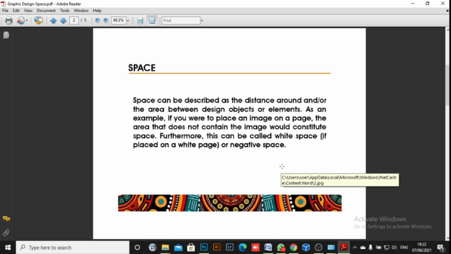For instance, look at what we have here. This is an element. There's not much space between the word space and the line. But there's much space between this line, or this element, and this one.